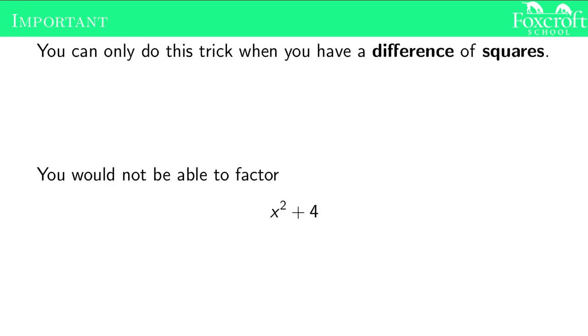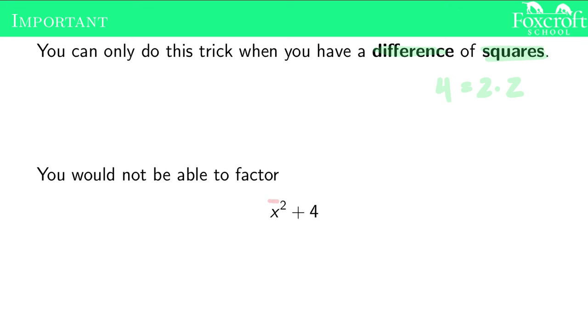And again, just like our first shortcut, it's important you only use it when you're able to. We can only use the first shortcut when we have just a single x squared. We can only use this one when we have a difference of squares. So they both have to be perfect squares, which just means something multiplied by itself, like 4 is a perfect square because it's 2 times 2. And it has to be a difference. It has to be subtraction.